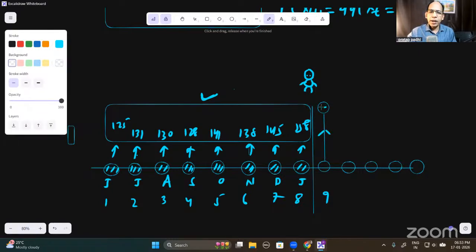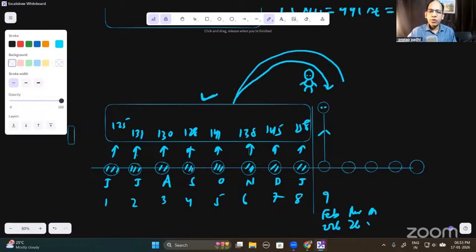Maybe I'll get a chance to say more about this. So using this data, we'll have a one step ahead forecast. We'll forecast for February 2026, March 2026, April 2026. This is called one step ahead forecast. This is called two step ahead forecast.